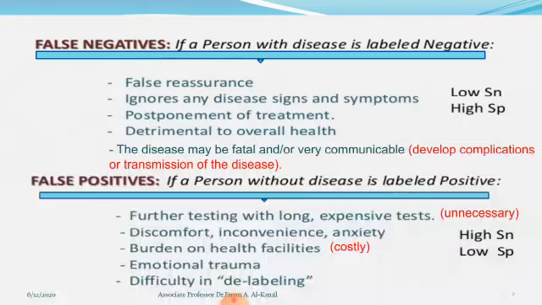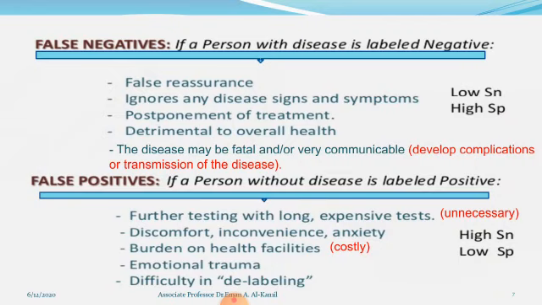So the false negative individuals. What are the implications of an individual who has no disease but, according to the screening test, is diagnosed as having the disease?